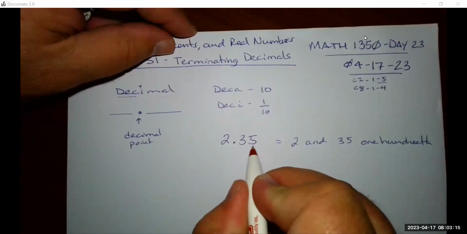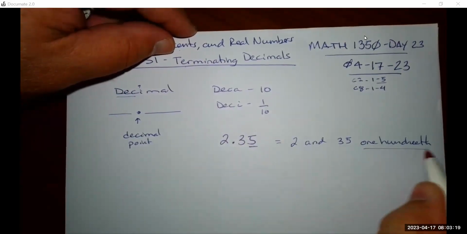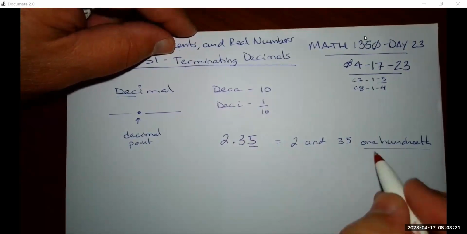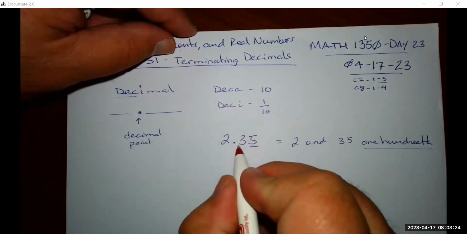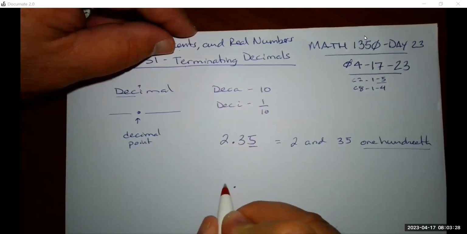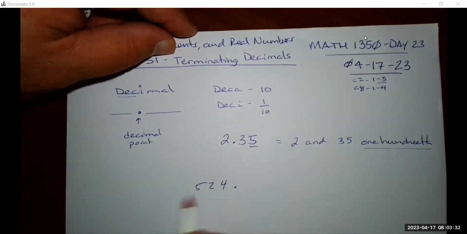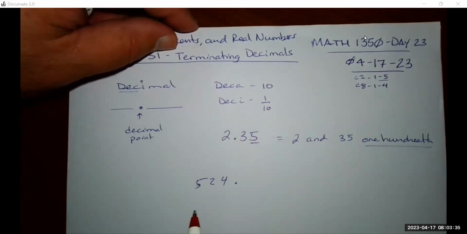Because when you read decimals, you always go to the furthest one. That's the units amount. So remember, everything to the left of the decimal are the numbers.